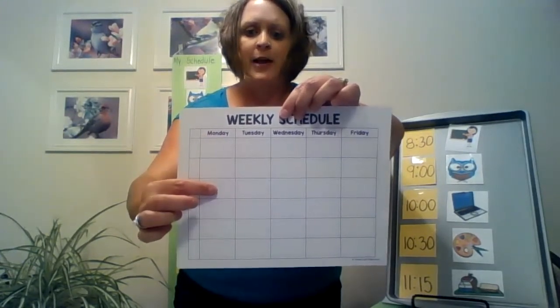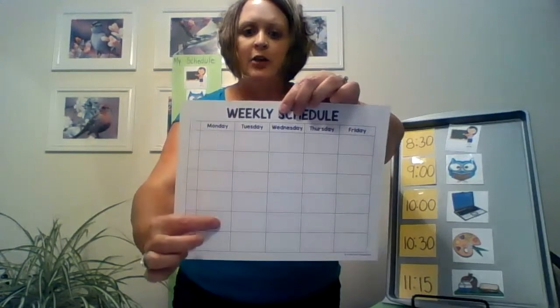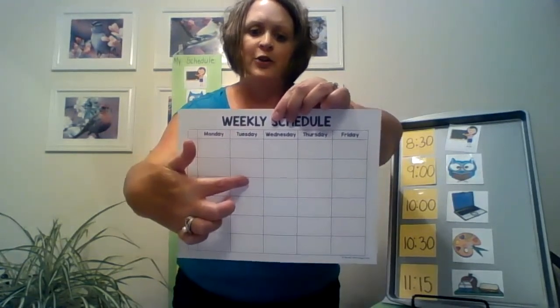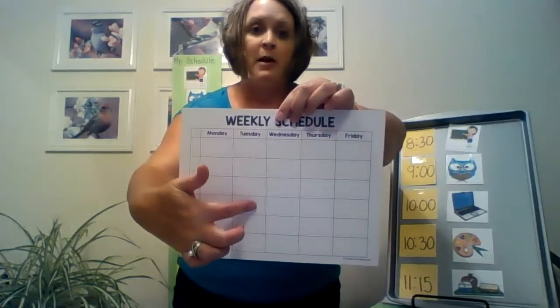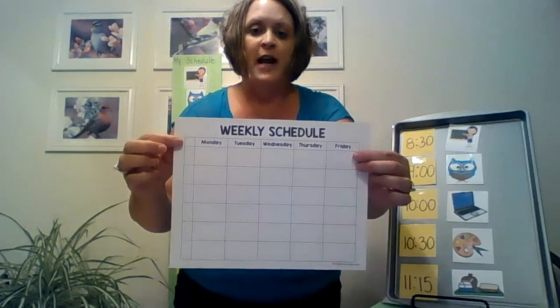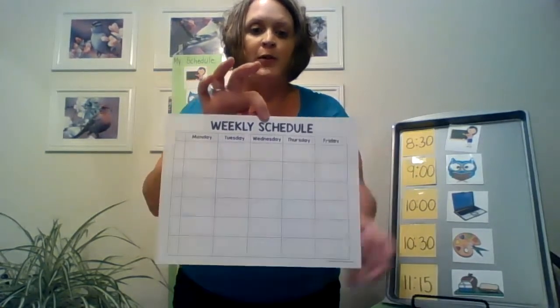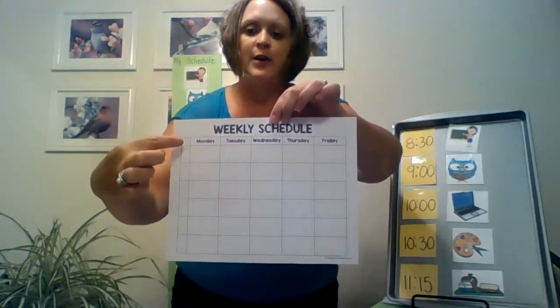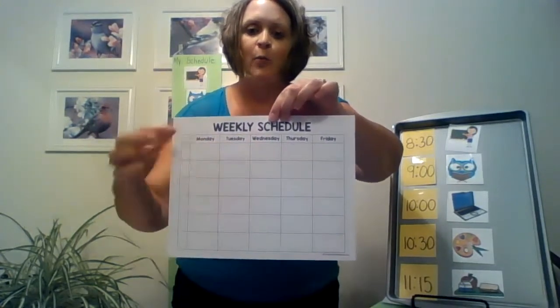And then it might be lunch, and then it might be English. And the next day, it might be Spanish, lunch, and then it might be American government. So depending on your high schooler's schedule, this might work with them where they can see their daily subjects across the week and where they're supposed to be.